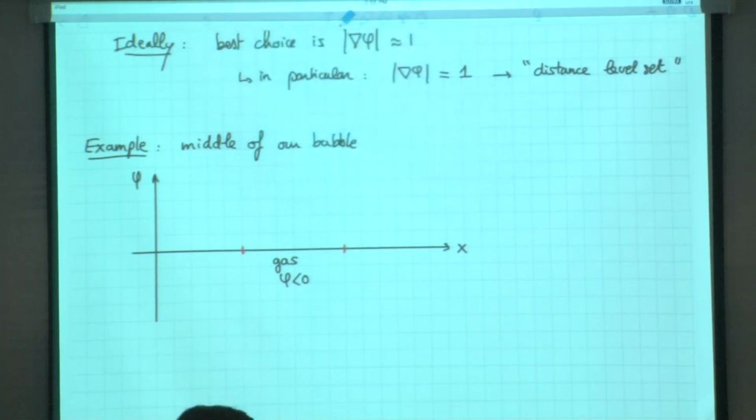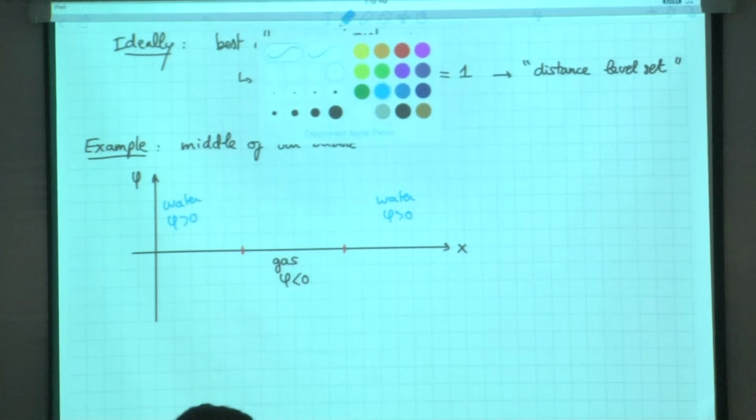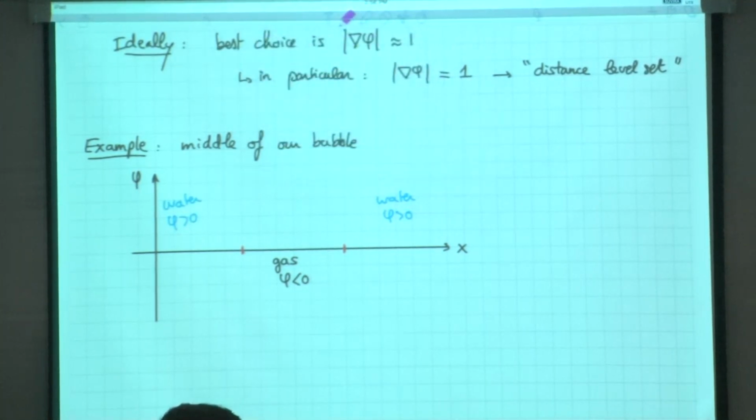And this is our water with phi larger than 0. So now our function will look like this. Oh, did I do it the other way around?